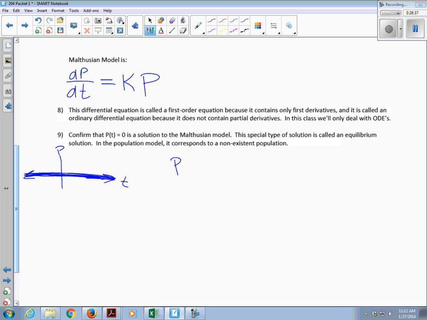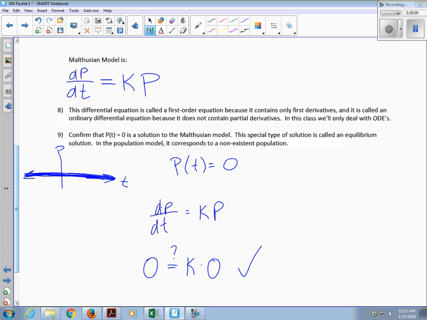So I want to plug P of t equals 0 into dP dt equals kP. Well, if P of t is 0, what is dP dt? 0. The derivative of 0 is 0. And k times P is always 0. Is that true? Yeah. Okay, so that is definitely a solution.